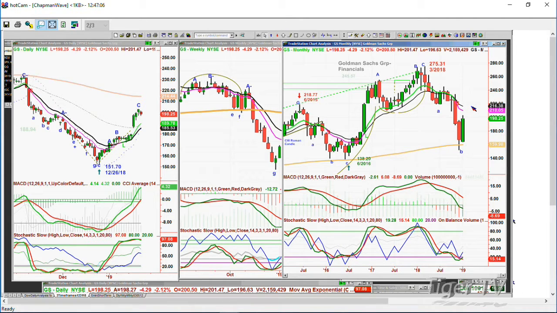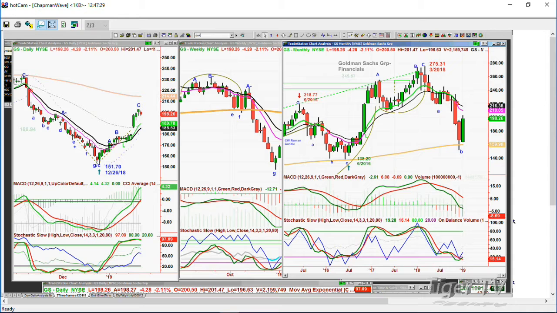And as soon as it takes out 275.31, it reactivates the previous C, goes to a D in all time in this monthly chart in 2 buy modes, and it's really powerful. And then it goes to a D, and then it pulls back and retests the 275.31 area.